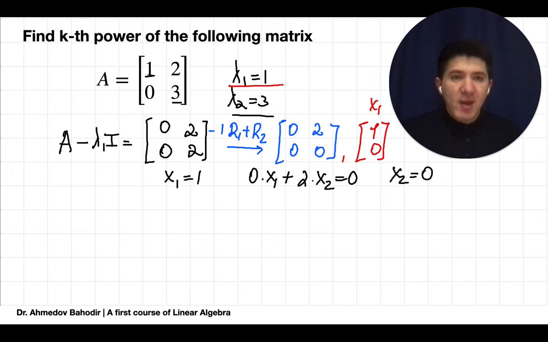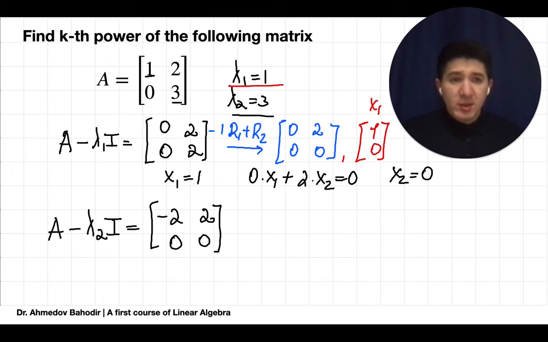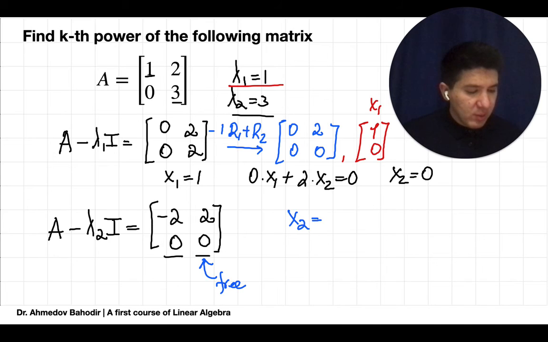Now we are going to find the second eigenvector by subtracting the 3 from the diagonal entries of this matrix. A minus lambda 2 I is going to be -2, 2, 0, 0. You see, these two columns are similar. So the second column is a free column, so x2 is equal to 1.